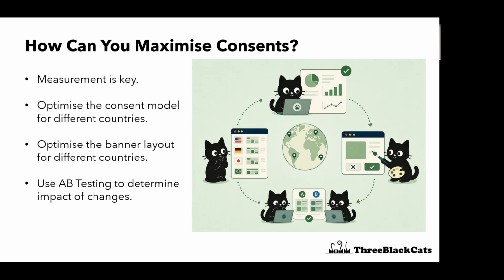That is by country. So that is the opt-out model for New Zealand and Australia versus the explicit opt-in for Europe. Maybe in the US, we want to have implied consent running, so we don't have to have the Europe standard. That will make a huge difference to your consents alone.